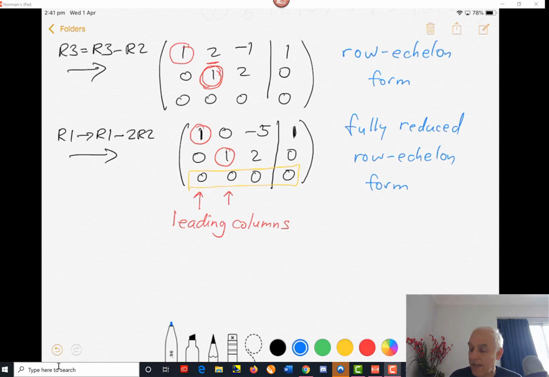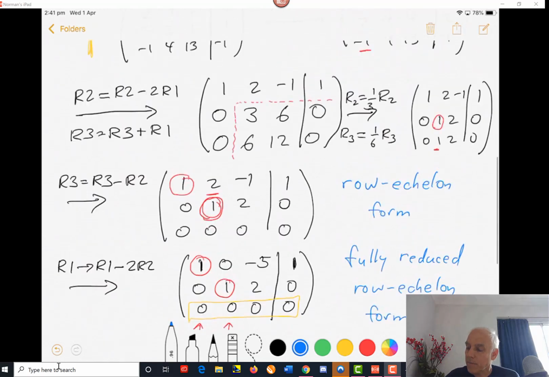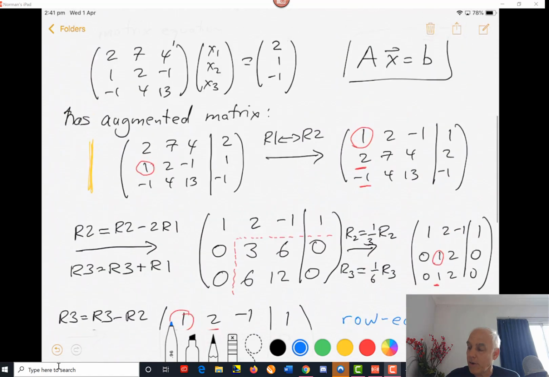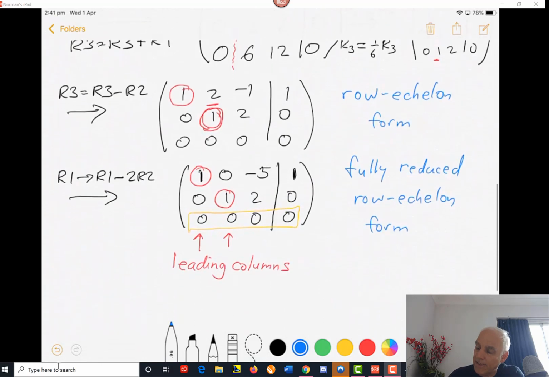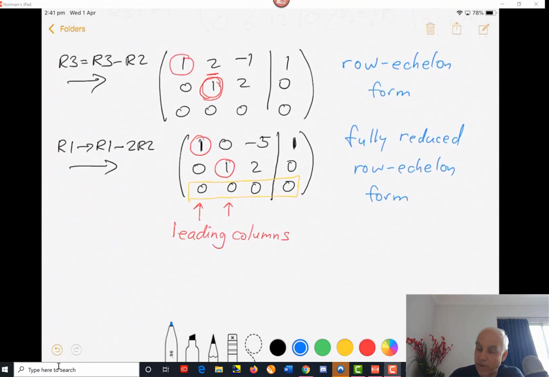Okay, so let me translate this now back into a system of linear equations in the original variables, which were x1, x2, and x3. So the system of equations that corresponds to this, if we read the top row, 1, 0, minus 5, 1, corresponds to x1 minus 5x3 equals 1.